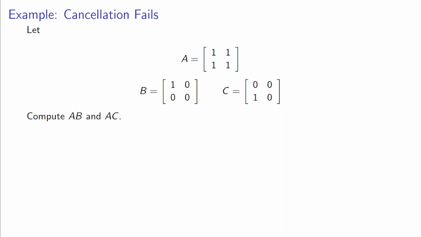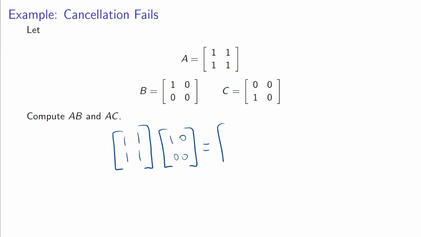And then we have another example here labeled cancellation fails. We'll see why we call it that in a second. So we've got A, B, and C. Let's look at AB and AC. So first AB. We get 1, 0, 1, 0.